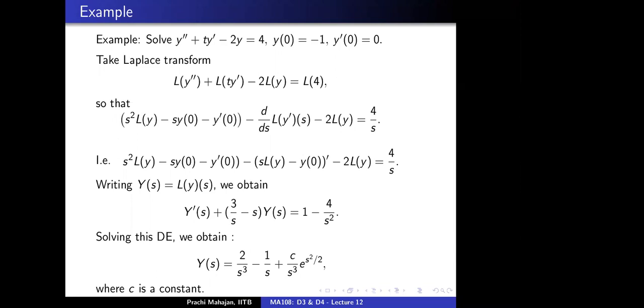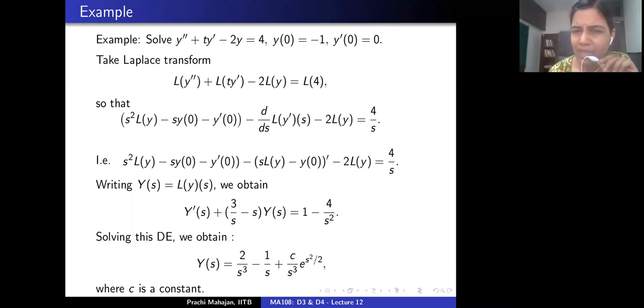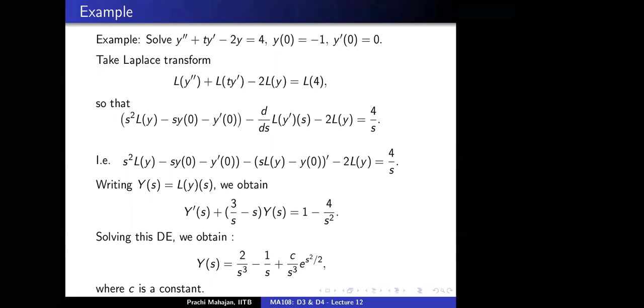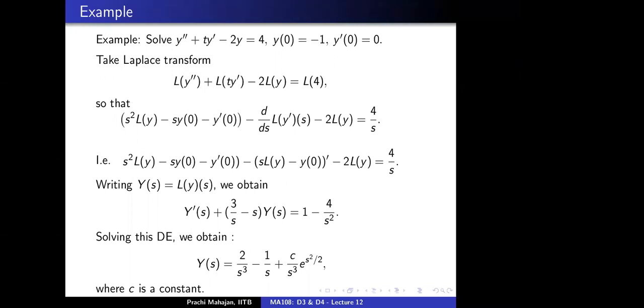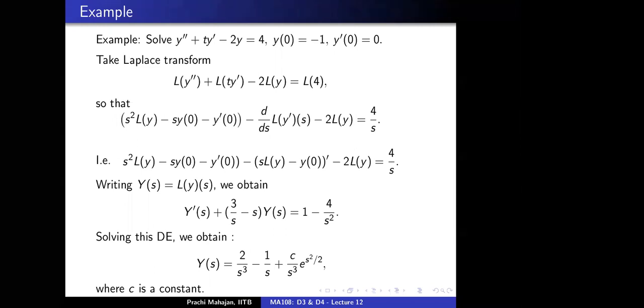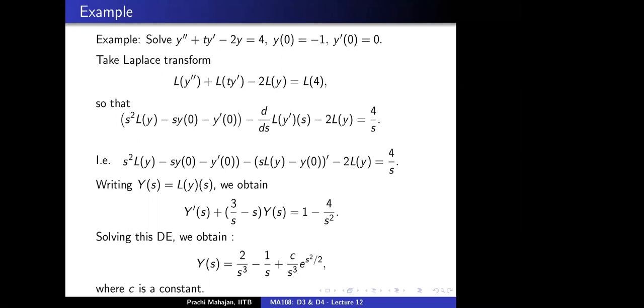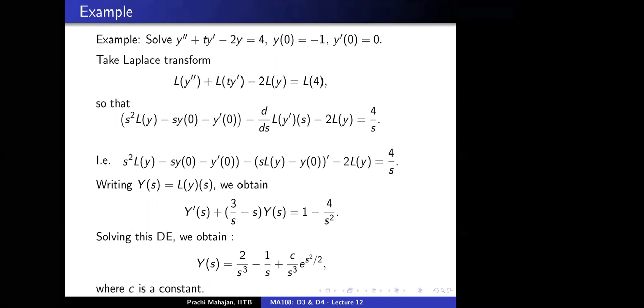Keep on applying Laplace transform until we can solve it easily, or like here, we get a linear equation where we can find an integrating factor.